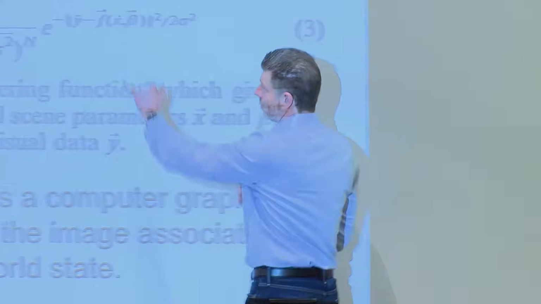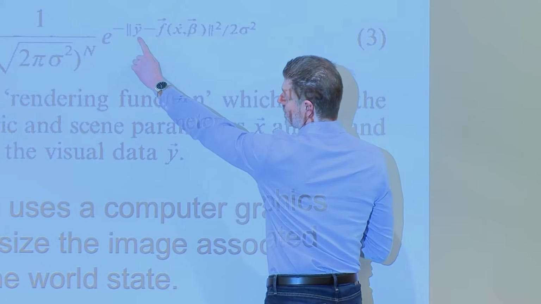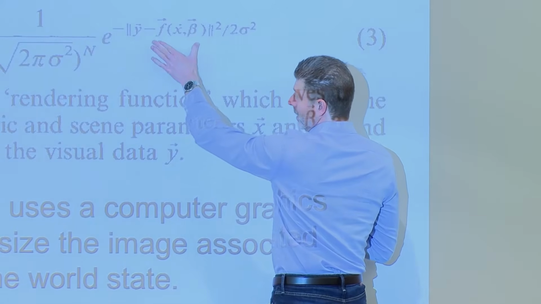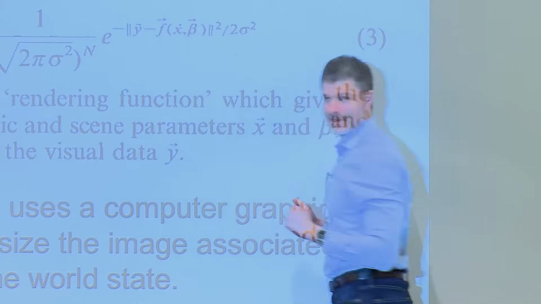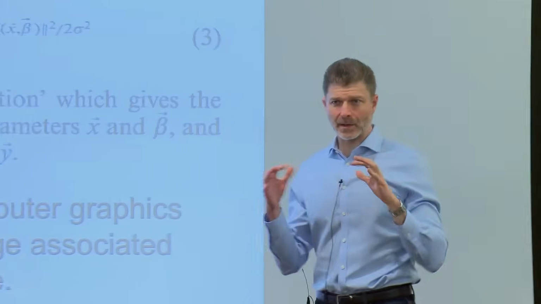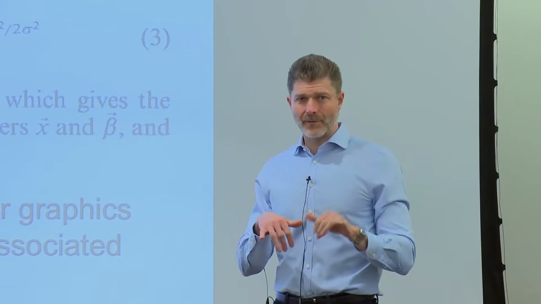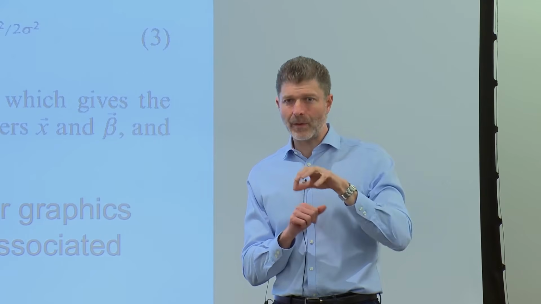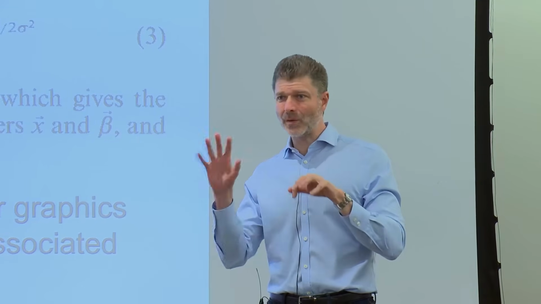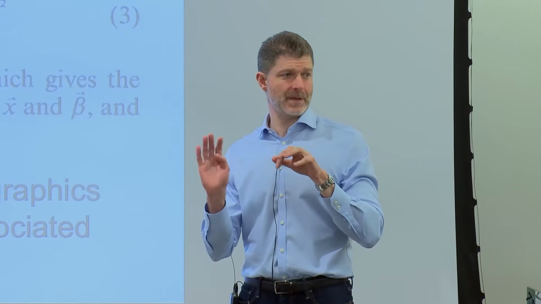So what is this doing? It's a comparison between the observed image and the image that would be generated by these hypothesized scene parameters. That's what the likelihood does. For a given hypothesis about the world, what is the stimulus that would be generated, and how similar is that to the observed stimulus?